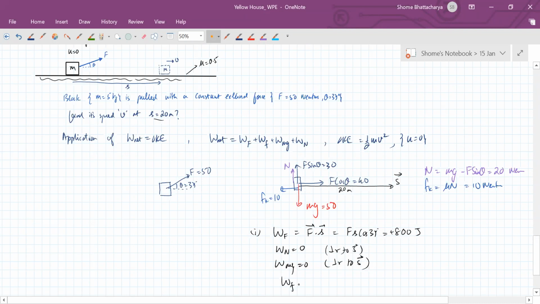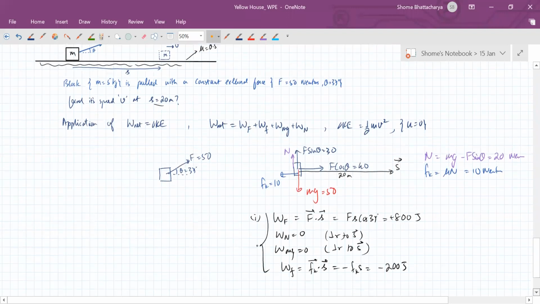The work done by friction will be how much? Minus of friction into displacement. When you take the dot product, the minus sign will come in because it's at 180 degrees. So it will become minus 200 joules. So these are the work done by each of the forces.